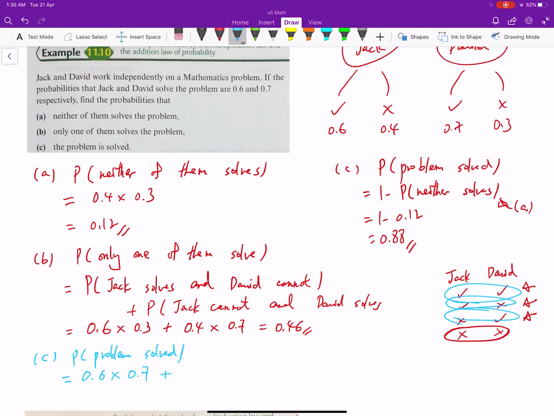For the second one, we get tick and cross. And finally, we get cross and tick. So you just add this up. You will still get 0.88.